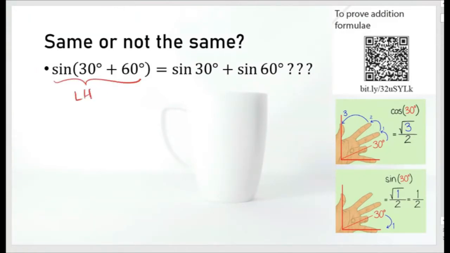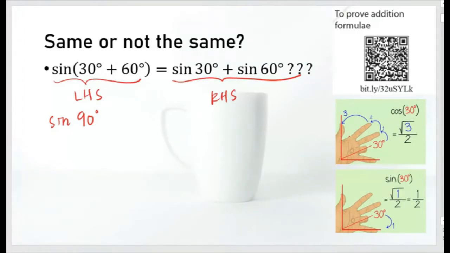Let this one be the left hand side, and this the right hand side. Left hand side, sine 30 degrees plus 60 degrees, is equal to sine 90 degrees, right? Now you press your calculator, or you can use the finger trick, the left hand trick.